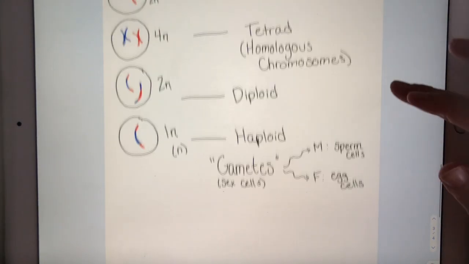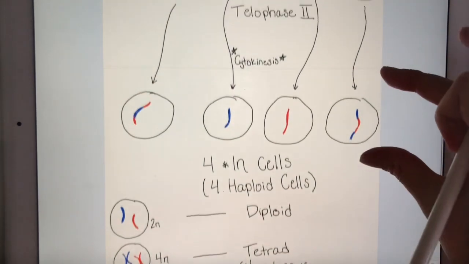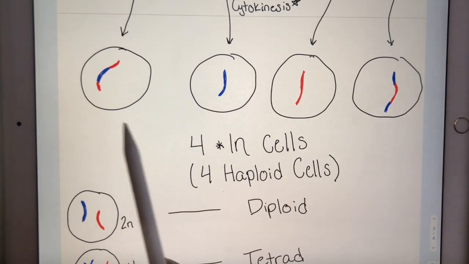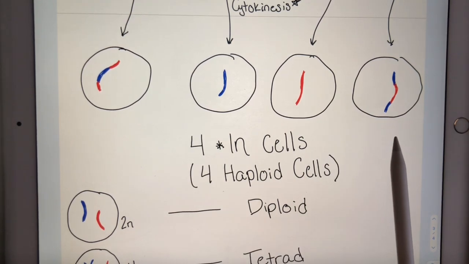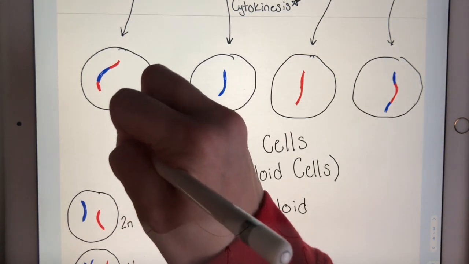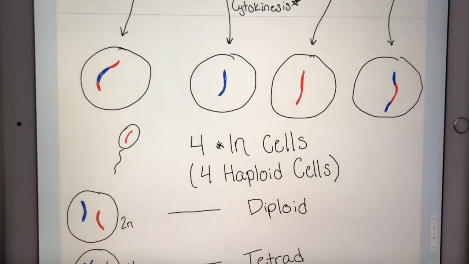So something that's pretty crazy and how we get genetic variation is, let's say these are 4 egg cells in our female. Any one of these could be the one that gets fertilized by a sperm cell. So maybe in one of our sperm cells, we have just the red version.